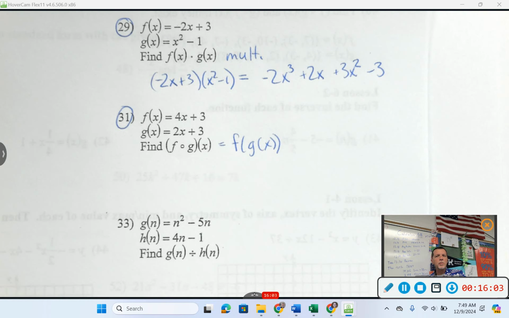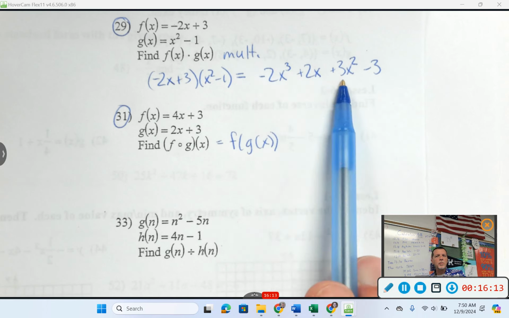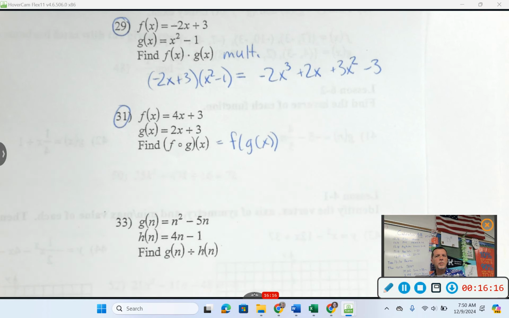No like terms, so that's it. It would probably look nicer if we put the terms in descending order. So on the test, it might switch the order of those two terms, but that's no big deal.